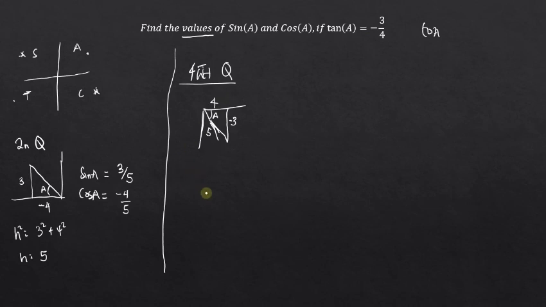Then from here you can find sine of A, which is the opposite, negative 3 over 5, and cos of A will be 4/5.